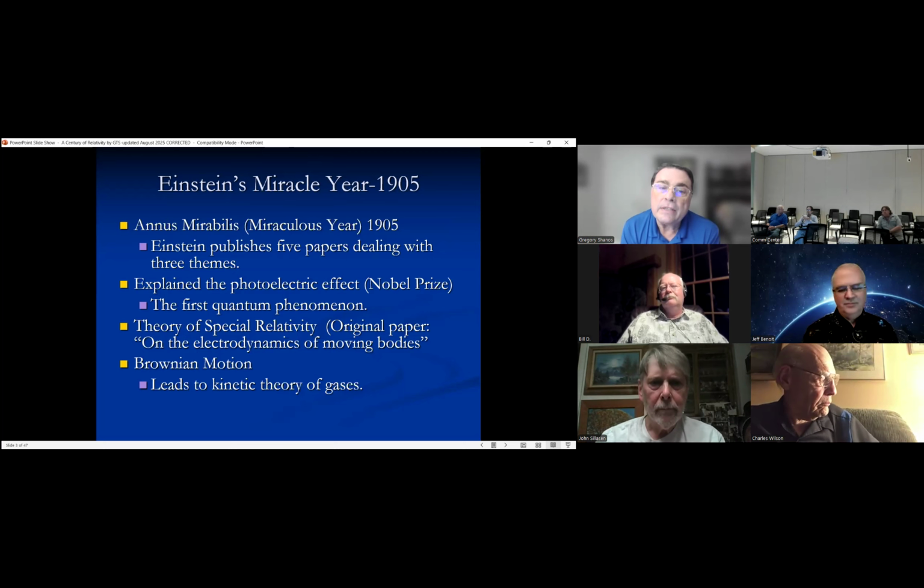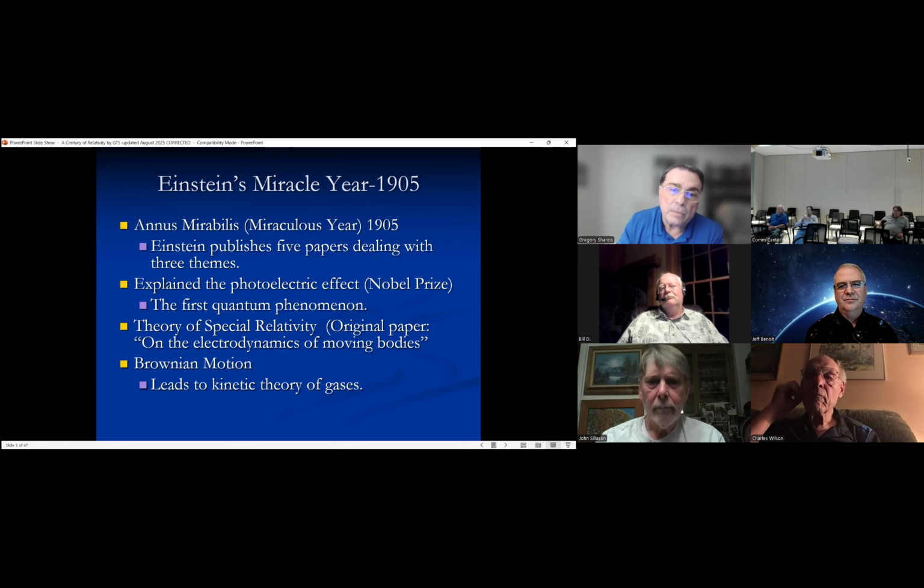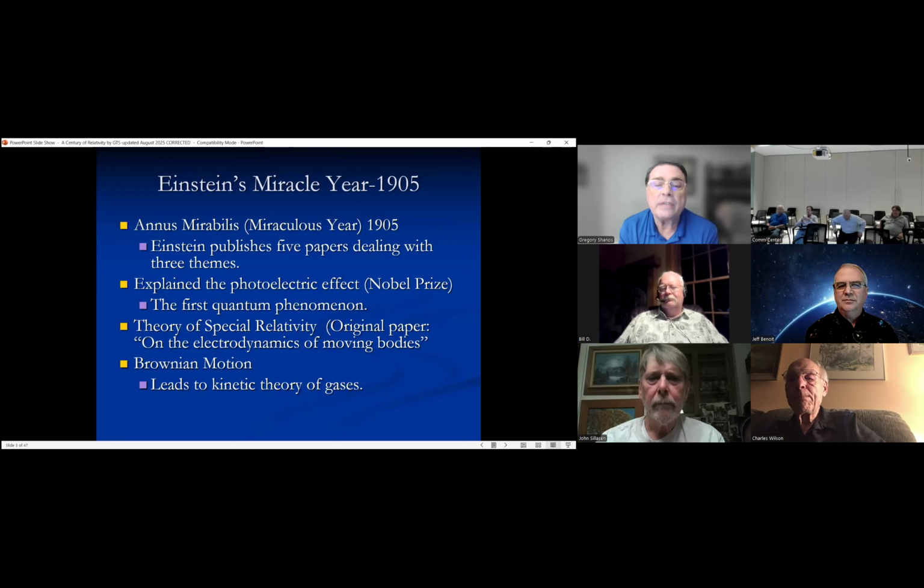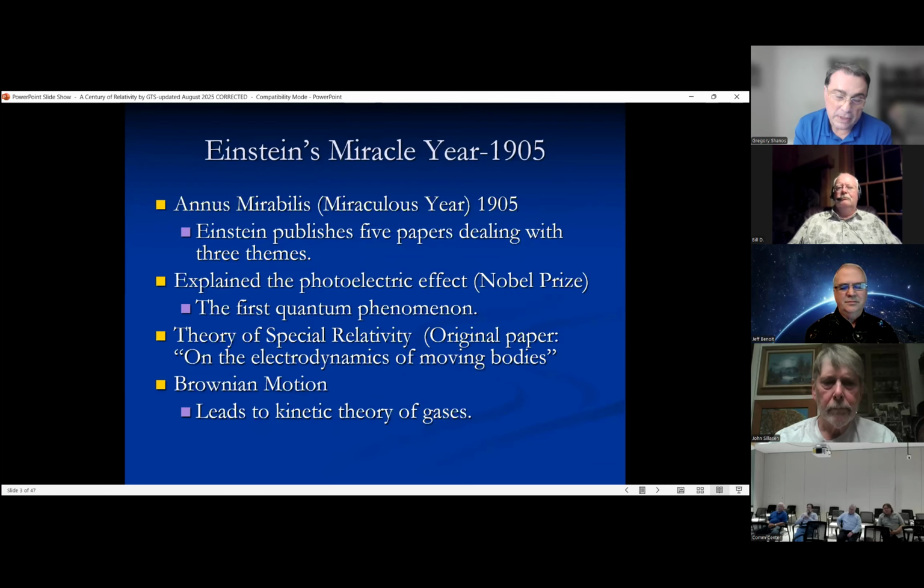CMOS CCD chips work this way. You know, a photon of light hits your detector, the CMOS chip, and an electron, and that causes electricity to flow and the information to be sent. And then he did the special theory of relativity, which wasn't called that then, it was called special theory later. It's on the electrodynamics of moving bodies. That was the title of the paper. And the third thing he dealt with was what's called Brownian motion.